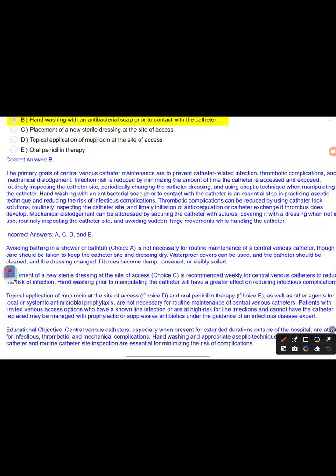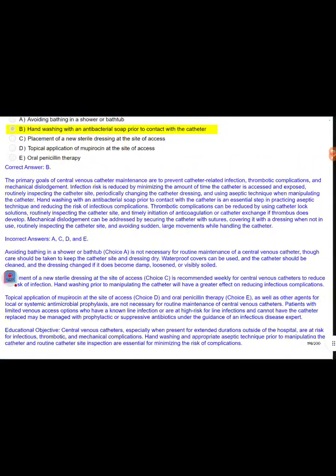The primary goals of central venous catheter maintenance are to prevent catheter-related infection, catheter-associated bloodstream infections, thrombotic complications, and mechanical dislodgement.